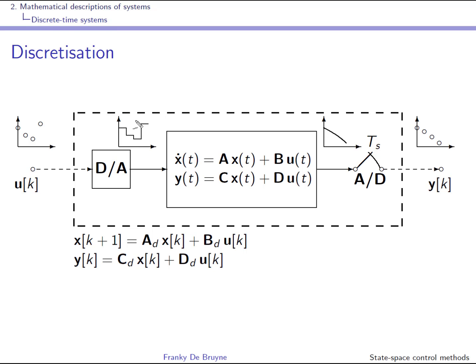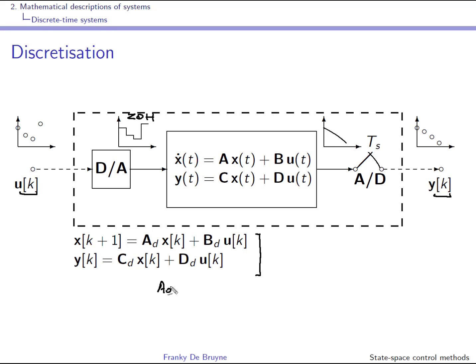As you can see, we use here a zero order hold system, right? And if you take the relation between the discrete input to the discrete output, we have just computed that this system here in the dashed box can be described by this relation over here.